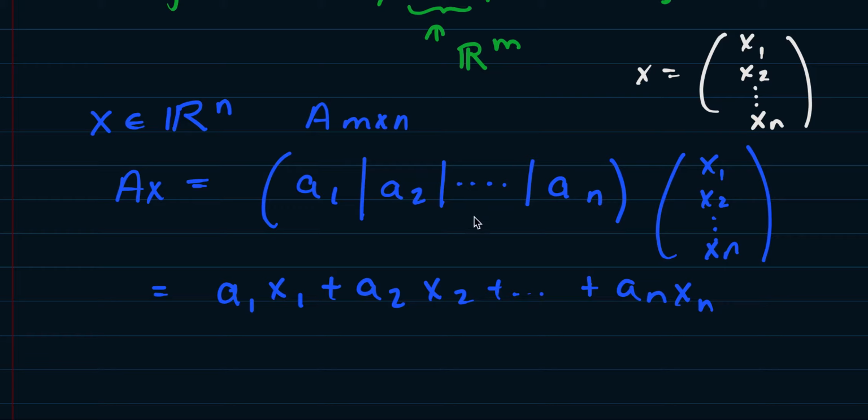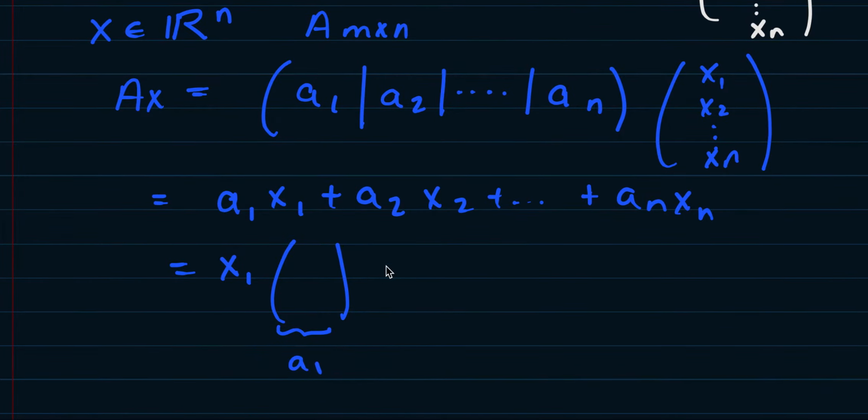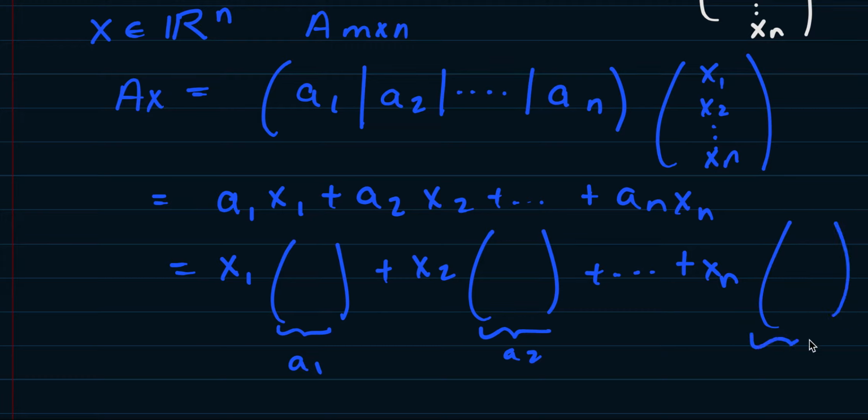But these guys are matrices, and in fact they're column matrices, and here this is like a scalar. So this is equal to X1 times this matrix, which we're calling A1, plus X2 A2 all the way to Xn AN.